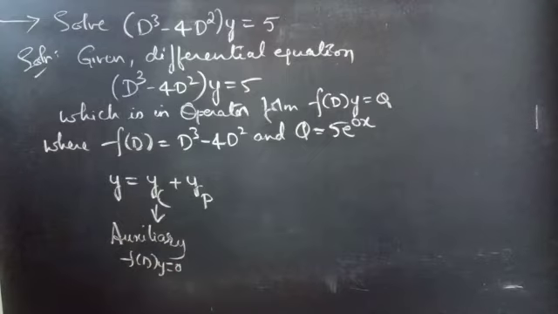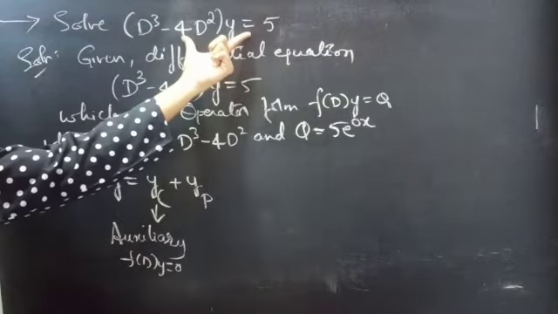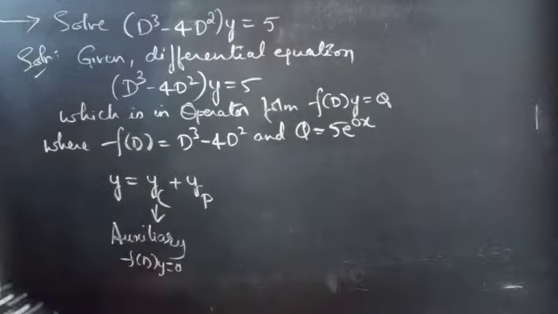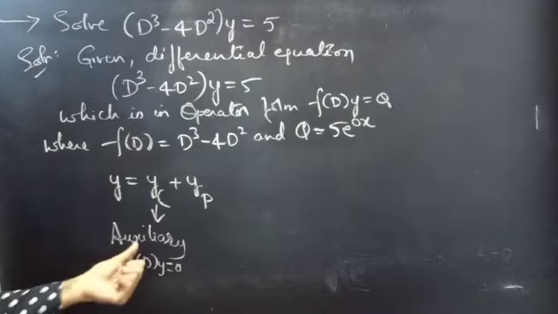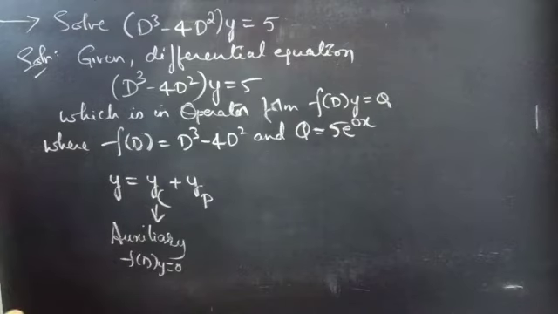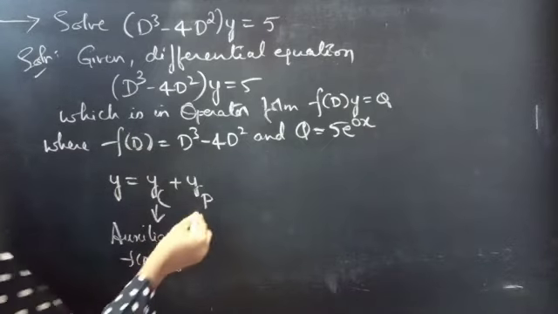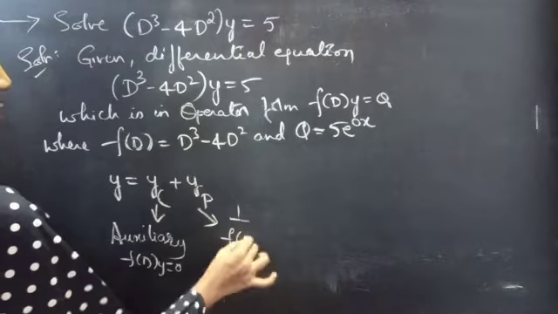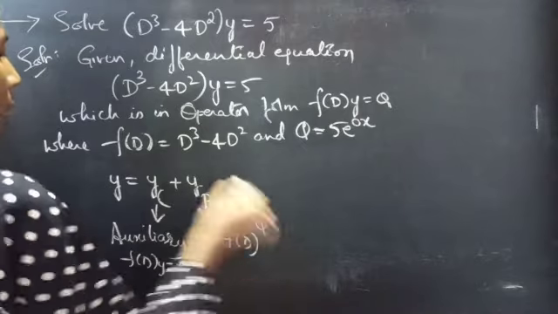We'll not consider the non-homogeneous equation. We'll just put the RHS part to 0 and consider the homogeneous equation to find the auxiliary equation, that is, to find the complementary function. And we'll find yp using 1 by F(D) into Q.